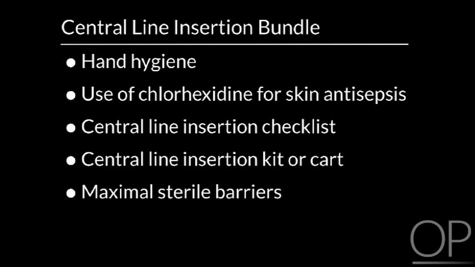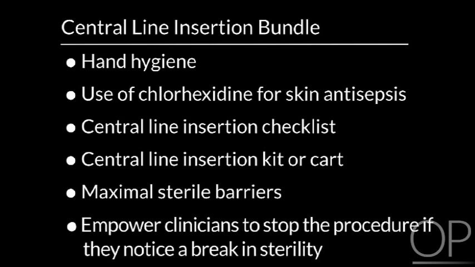The final bundle component is to empower doctors and nurses to stop the procedure if they notice a break in sterility. Communication training may be necessary so that doctors and nurses are comfortable intervening. Their observations should be acknowledged by the practitioner and the procedure halted until the issue is corrected.